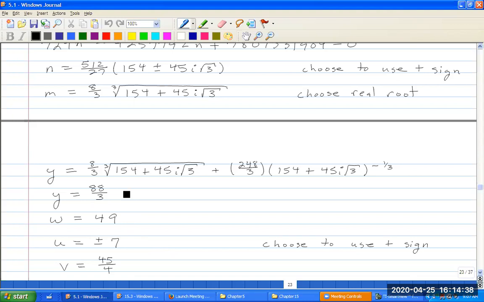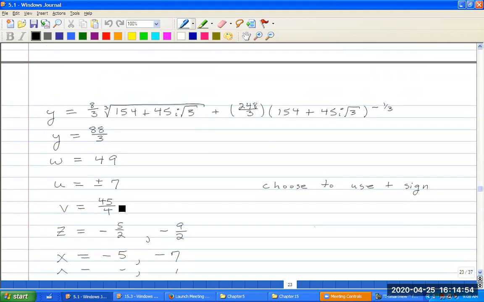Then you can figure out what your w is by plugging in. You get 49. Then you figure out what u is by taking the square root. So it's plus or minus 7. I guess I'll put the plus sign. Then you can just plug in and figure out what v is. And so then z is equal to negative 5 halves or negative 9 halves. And then from there, you figure out what x is.